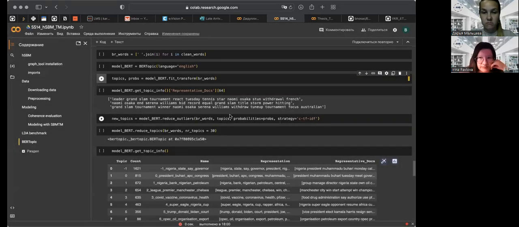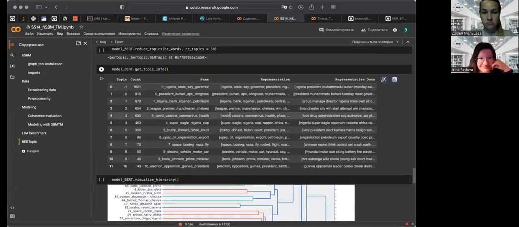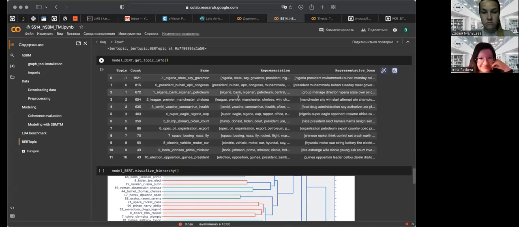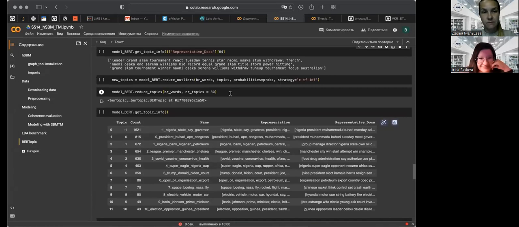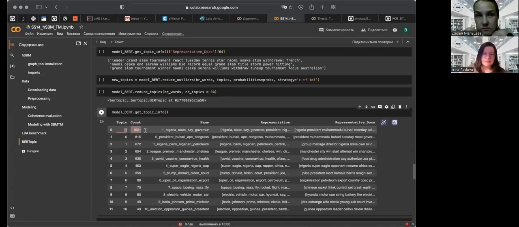Okay. I will show you what I already have computed. You can also manually reduce the number of outliers because, as you can see, this model also creates a separate topic for the documents that it couldn't assign to any other topic.